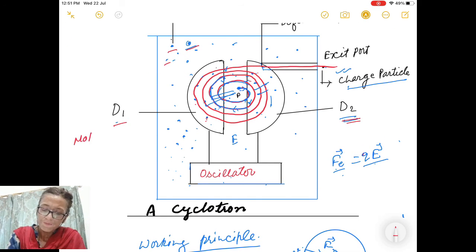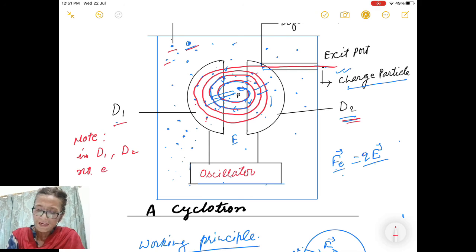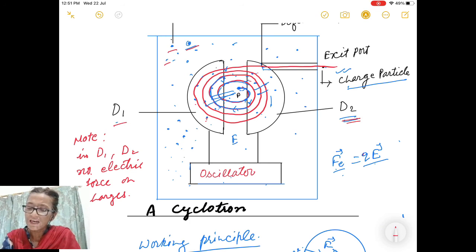Note, in D1 and D2, there is no electric force on charges. Force on charges exists only in between the two Ds.